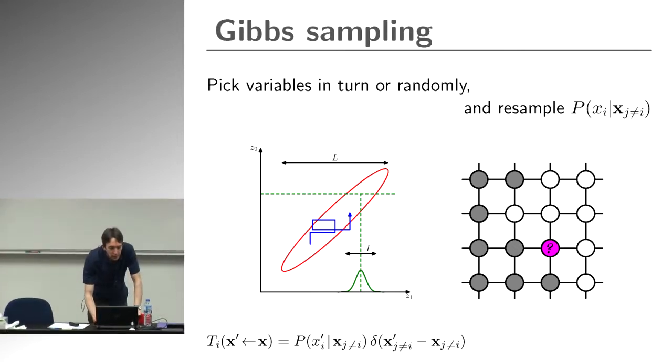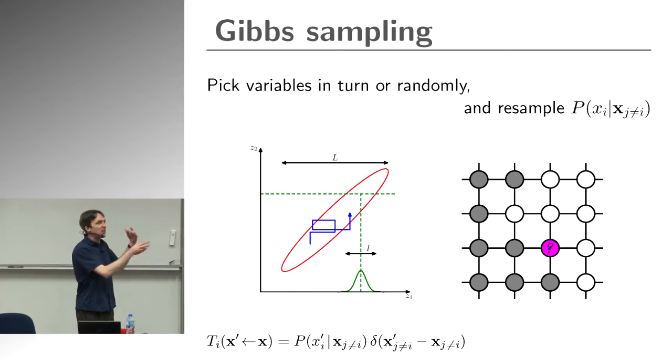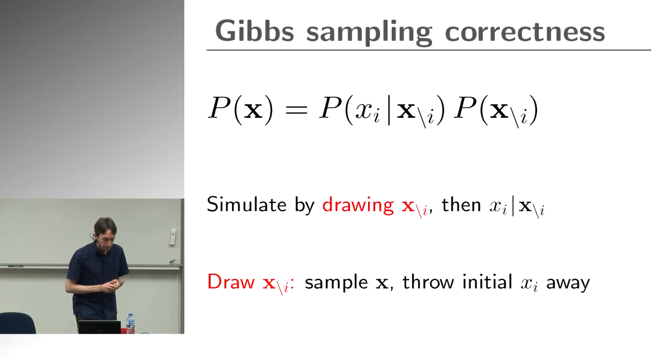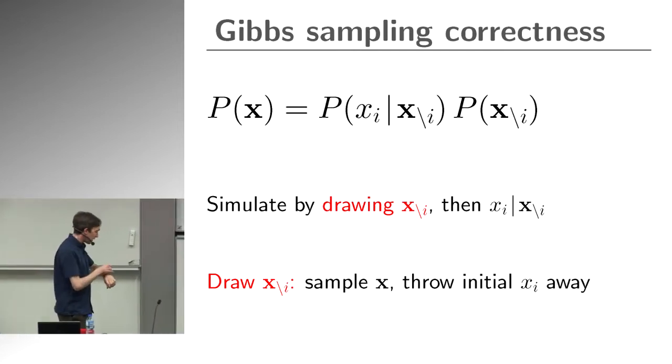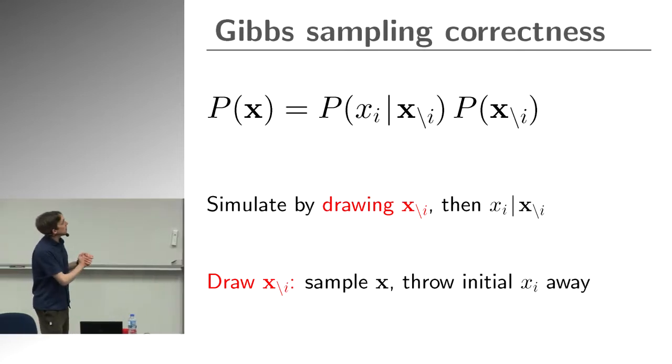Okay, so why is Gibbs sampling valid? It seems like a natural thing to do. You just sort of have an explanation and you perturb one thing at a time. I think to prove that it's correct is actually pretty easy. And so I think of it using the following story. We've got a joint distribution, P of x.